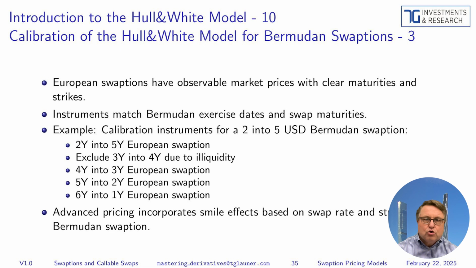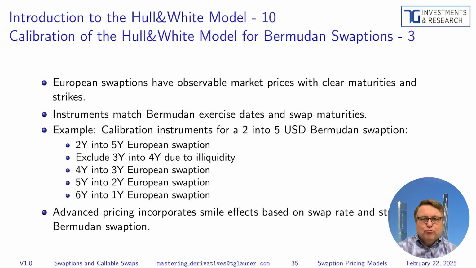European swaptions are commonly used for calibrating as they provide observable market prices with clearly defined strikes and underlying swap maturities. The key calibration principle is to select calibration instruments that align with the Bermudan swaption's exercise dates and swap maturities. For example, consider a 2 into 5 year Bermudan swaption in USD.